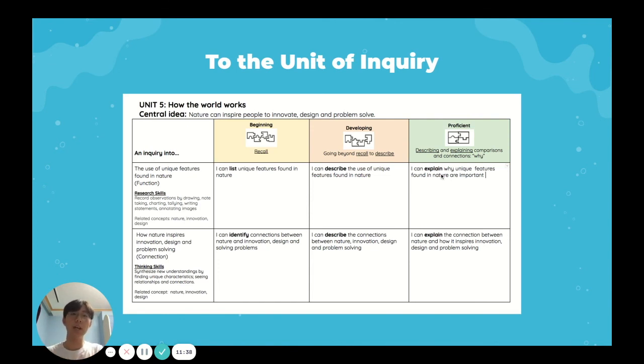And finally, I believe that you can also explain why these unique features found in nature are important. And as I explained, it's because with the capillary action of water, the cohesion and adhesion forces of water acting together, plants can perform photosynthesis and provide the oxygen that we need to breathe.